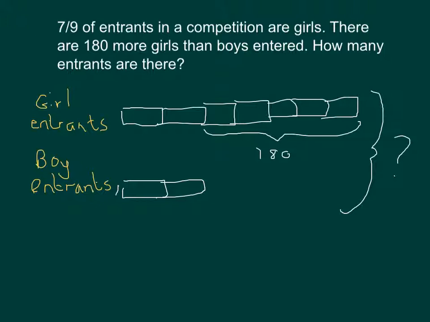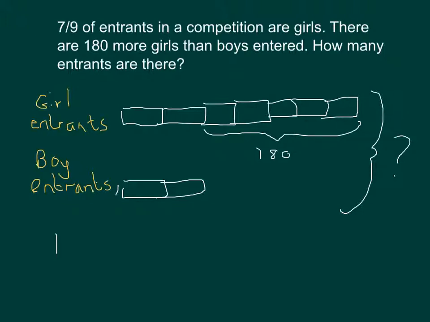In order to work out the amount of people who have entered the competition, we can see that there are 1, 2, 3, 4, 5 blocks that make up the 180.